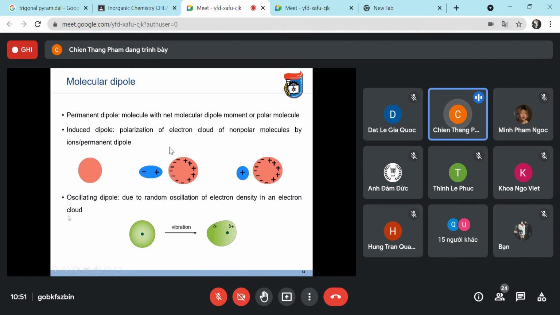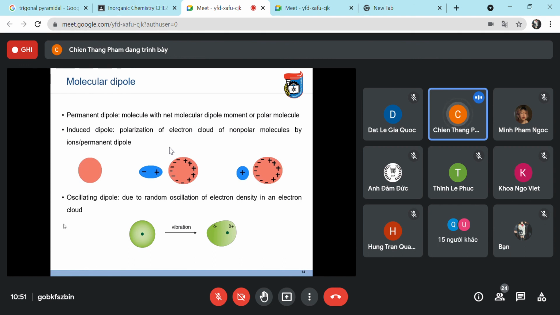And another one is oscillating dipole. What does oscillating dipole mean? An oscillating dipole is not from the outside. This one is from the inside. You know that a chemical system consists of electrons and nuclei, and the electrons are always moving very fast.